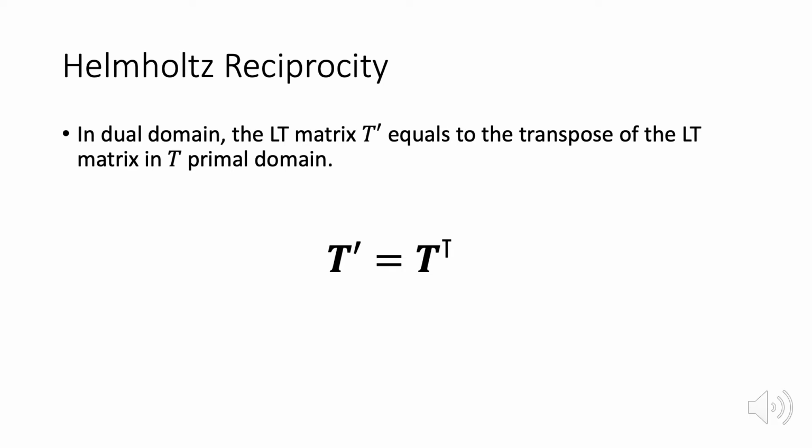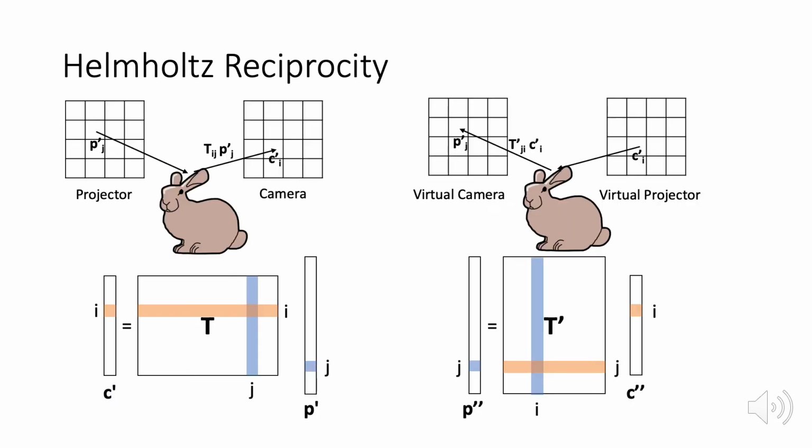So let's see. Recalling what we've seen in the previous slides, let's suppose the jth pixel of the projected image emits P prime J irradiance to the scene, and its contribution to the ith pixel of the camera should be a coefficient times P prime J. How do we find this coefficient in the matrix form?